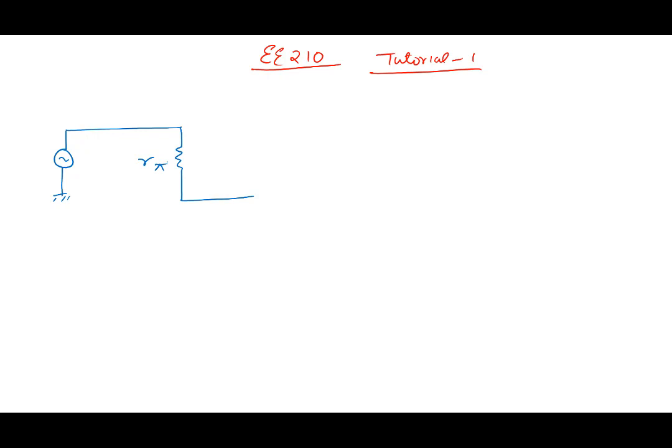I'm going to call this R pi, this g_m V pi, this R_C. Call this the output voltage and this the input voltage. This is the circuit that we had looked at.